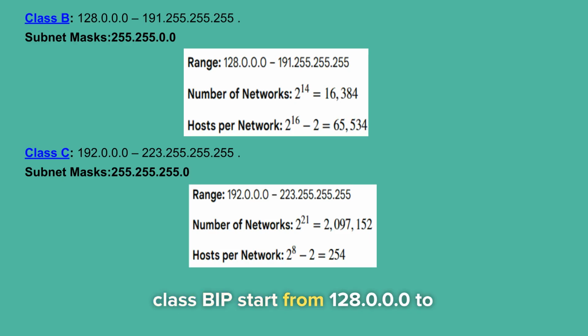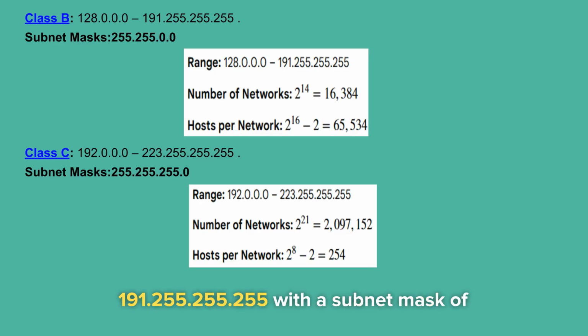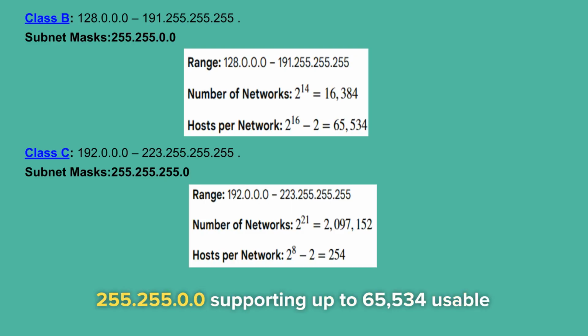Class B IPs start from 128.0.0.0 to 191.255.255.255, with a subnet mask of 255.255.0.0, supporting up to 65,534 usable hosts.